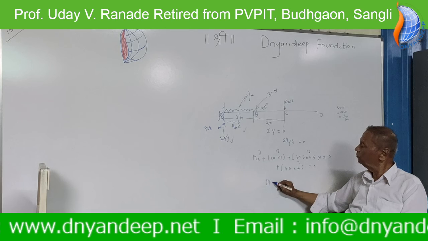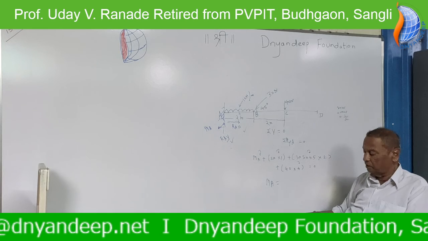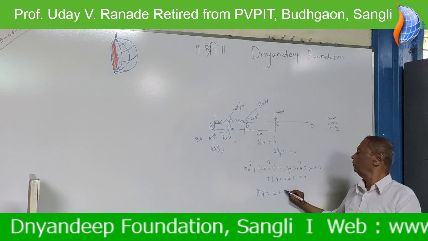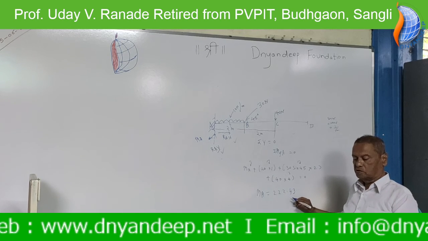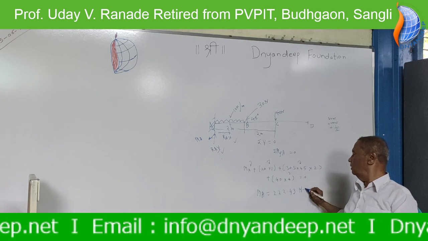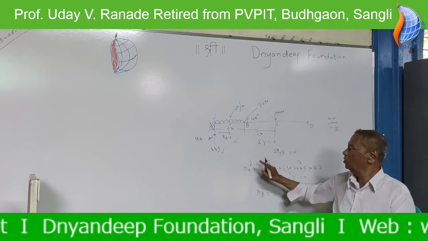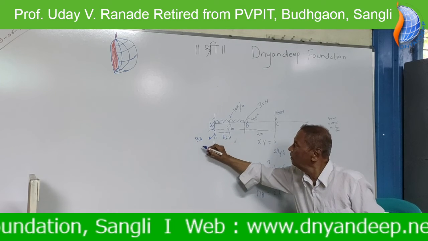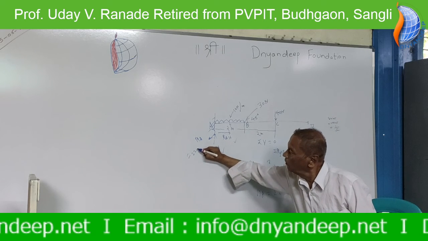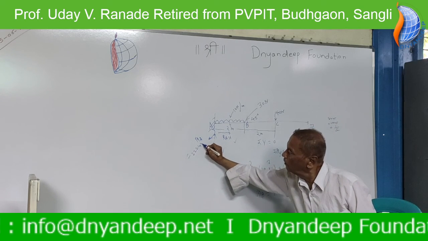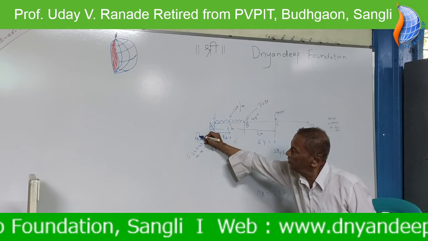After calculating, MA comes 222.43 Newton meter, and the sign is like this, not this.